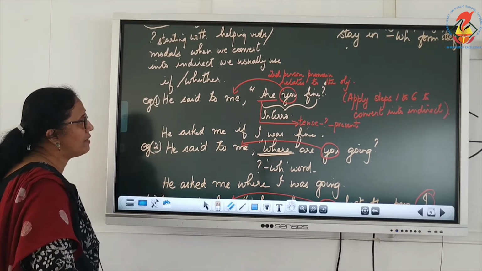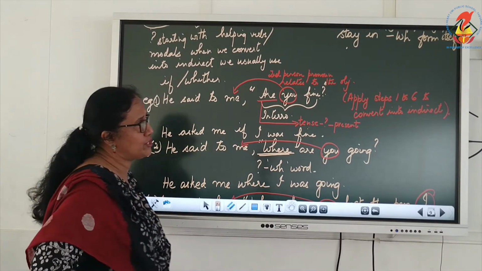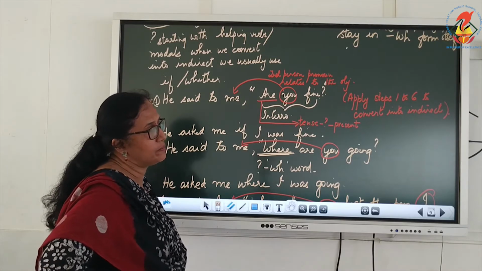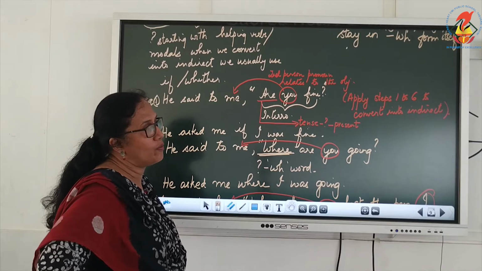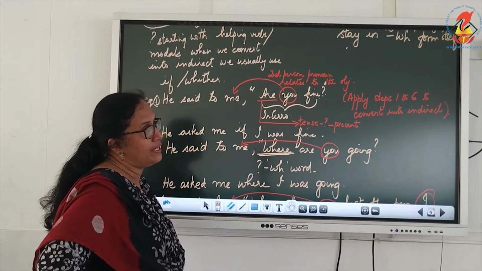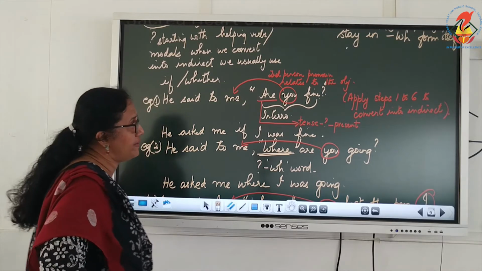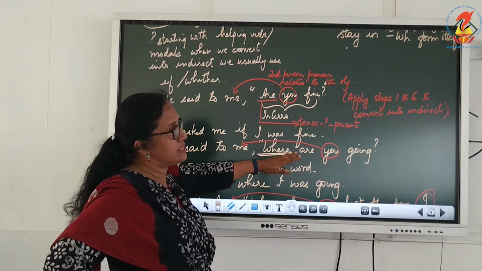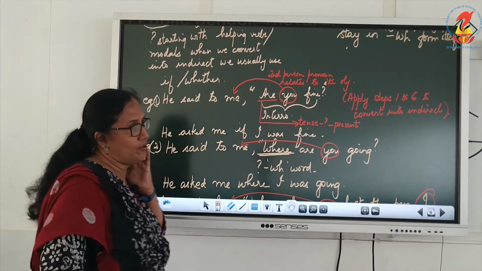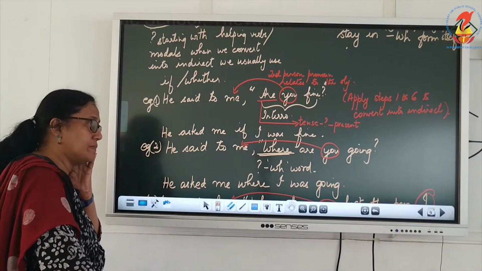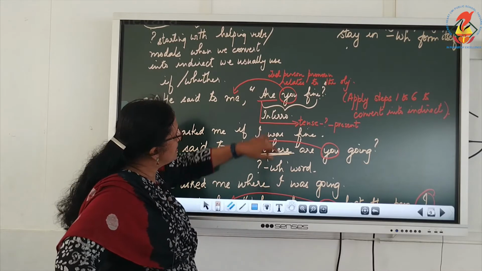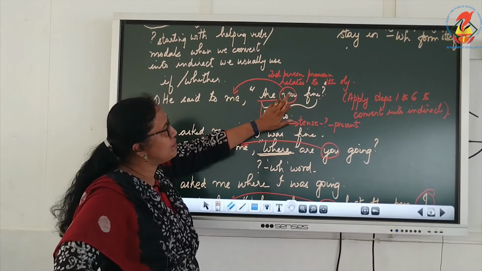Third step is what? Now, you have to remove the punctuation marks, the inverted commas, and replace them with if or whether or any other suitable word. Then we have to see which type of questioning verb the sentence begins with. Here, the question is, are you fine?